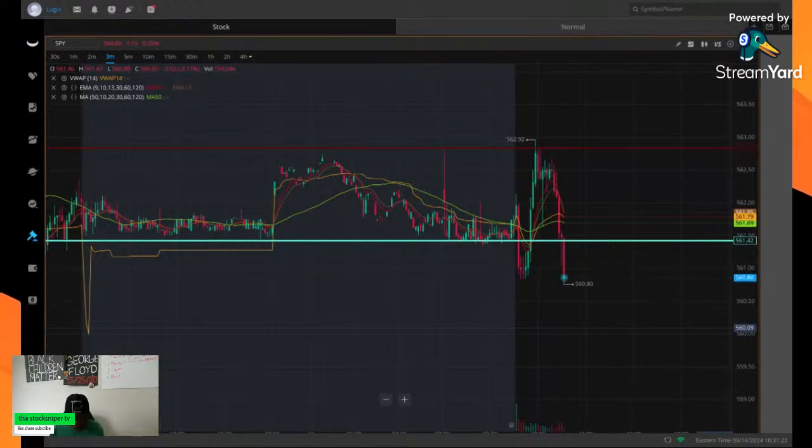I'm putting myself in position to buy my first contract. Let's see, puts. I'm gonna go with puts. I'm using Webull. It's gonna be quick, in and out. If you can see the buttons, buy, sell, real quick.